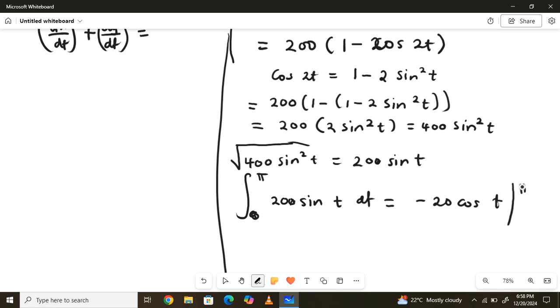Now we are replacing from 0 to pi, which will give us negative 20 into negative 1 minus 1, and we get that the length is 40 units. The length of our curve is 40 units.